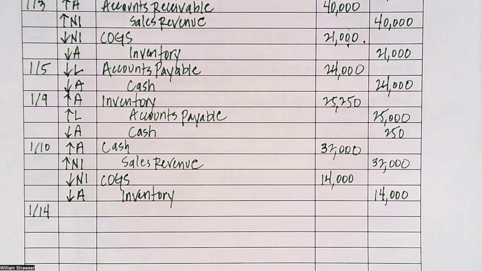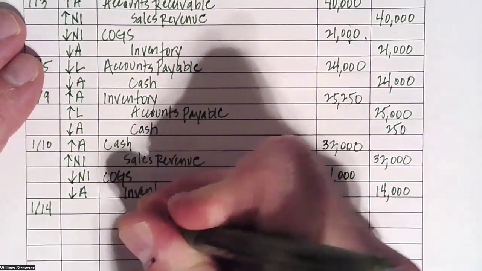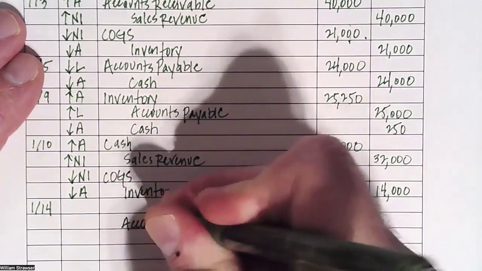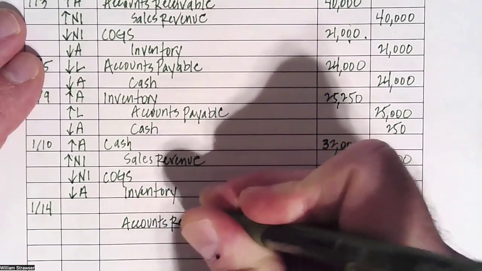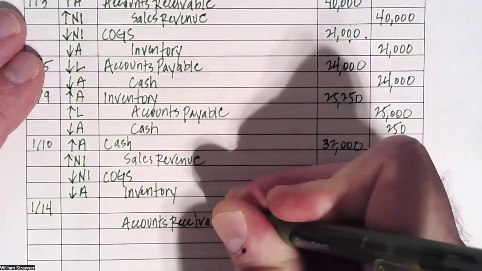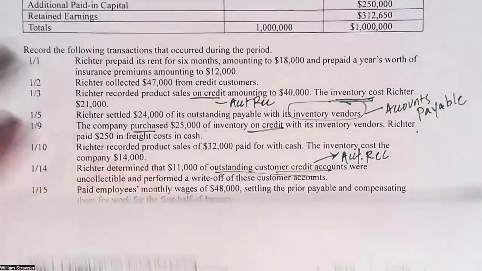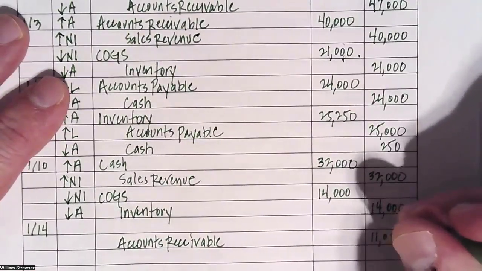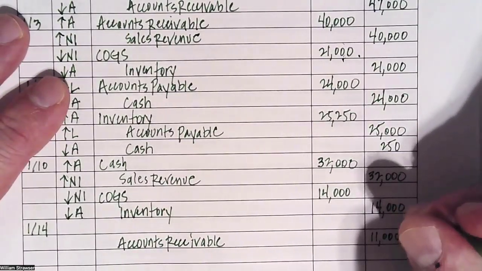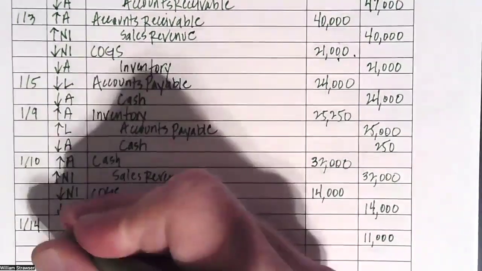But once I've identified accounts that will not pay me, I can't keep them around as an account receivable anymore. So I do have to credit my accounts receivable. And in this case, we had $11,000 of those accounts that are going to not pay us. So that's the 11,000. And I have fewer assets.